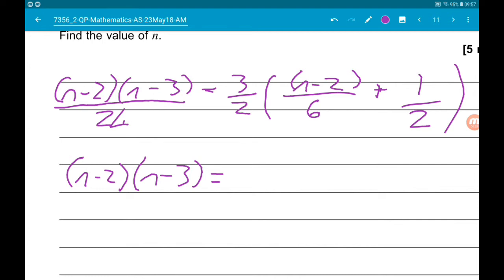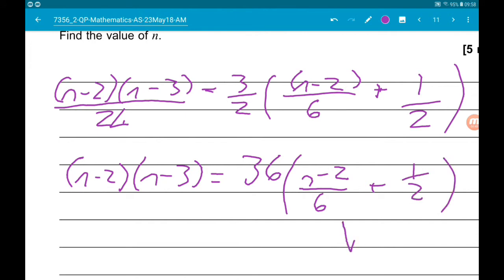So I'm going to get 36 lots of n minus 2 over 6 and 1 half.